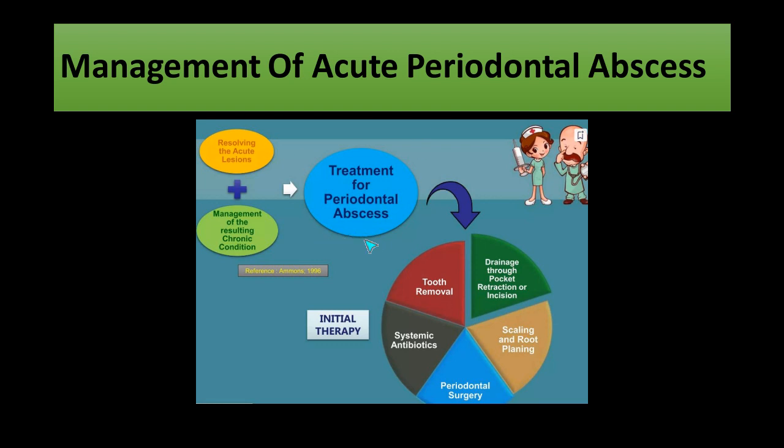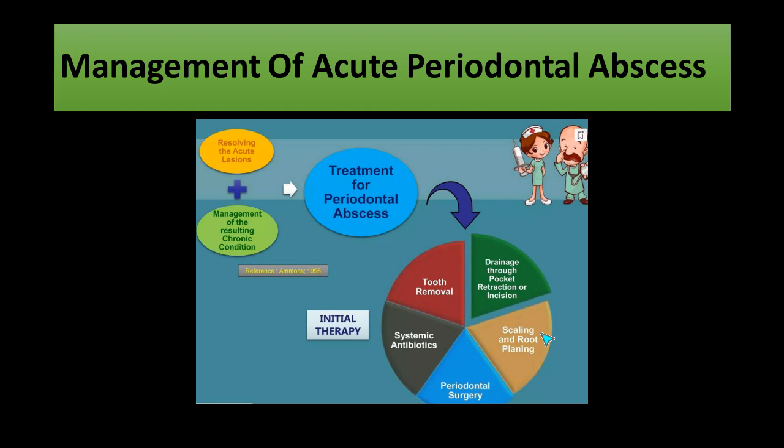Now, if you remember, I told you the primary etiological factor is dental biofilm. So it would definitely be incision and drainage first, followed by scaling and root planing. If you choose only to do the incision and drainage, or drain the periodontal abscess through the pocket with the help of the periodontal probe by applying digital pressure, and fail to do a good scaling and root planing, there are high chances that the periodontal abscess will reoccur.